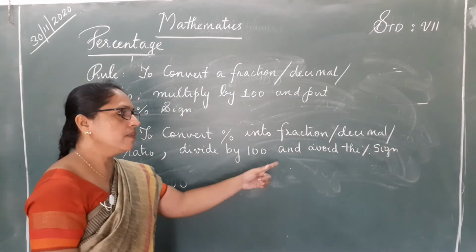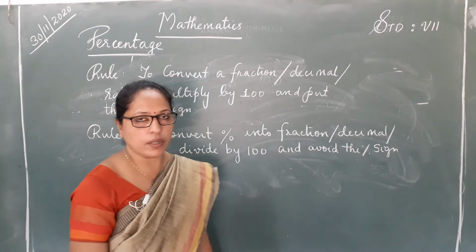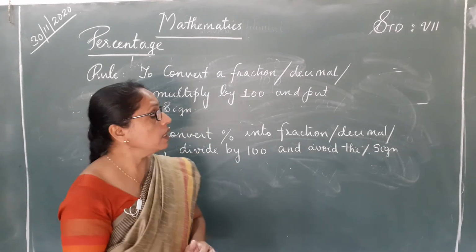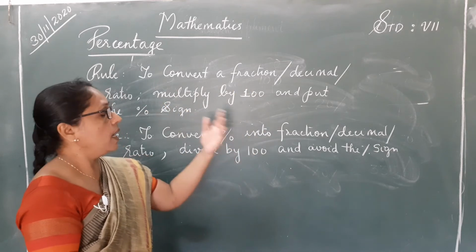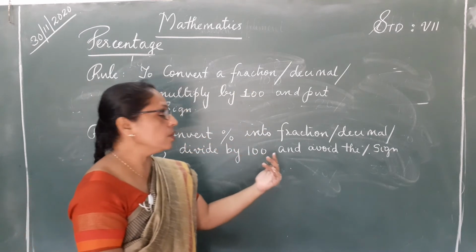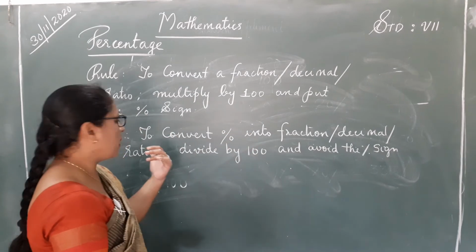Dividing by 100 itself is removing the percentage sign. Okay, so two concepts we have learned: how to convert fraction, decimal, ratio to percentage, and how to convert percentage back to fraction, decimal, ratio.